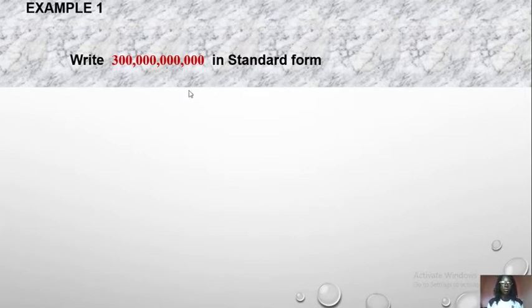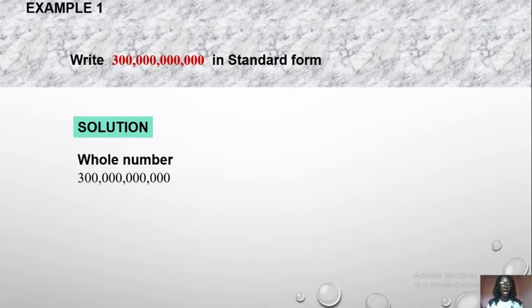So in billion we have 9 zeros, but here we have 300, meaning that in this case we have 11 zeros. For us to be able to write this in standard form in a way that is very compressed, we have to move 11 times to the left. We'll move till we get to the first number, then we stop.